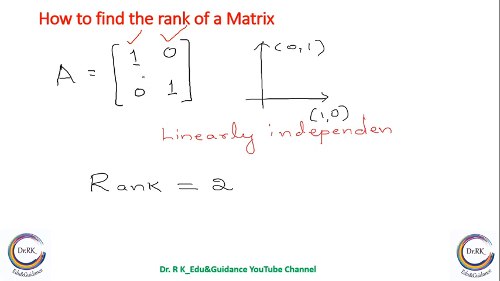This is the vector (1, 0) and this is (0, 1), and we know these two are linearly independent. That means both vectors are linearly independent, so two vectors are linearly independent. Therefore, the rank of this matrix is 2. One more observation: this is the identity matrix of order 2, so the rank is 2.